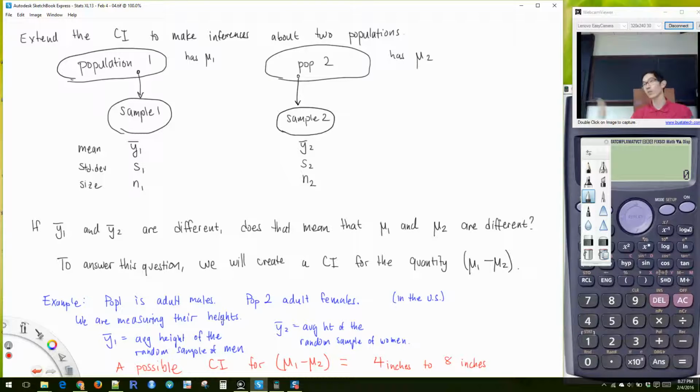Let's say we were measuring people's IQs, and population 1 is men, population 2 is women, and we want to know what's a plausible range for the difference between the average male IQ and the average female IQ.